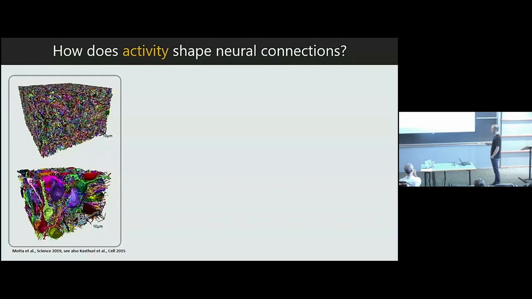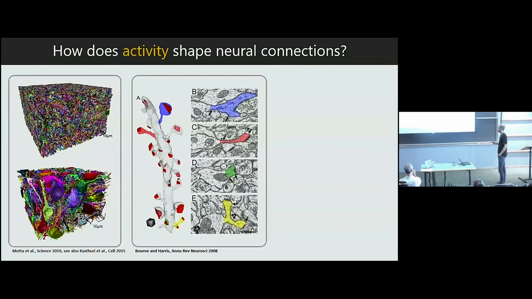So what's the molecular mechanism driving this specific connectivity, and what's the contribution of activity? So the question is even more complex if you consider the diversity of synaptic connections that can be made between two neurons. If we take the example of dendritic spines, you can see that they exhibit various shapes falling into different categories: mushroom spines, filopodial protrusions, stubby spines, thin spines, exhibiting different functional properties.